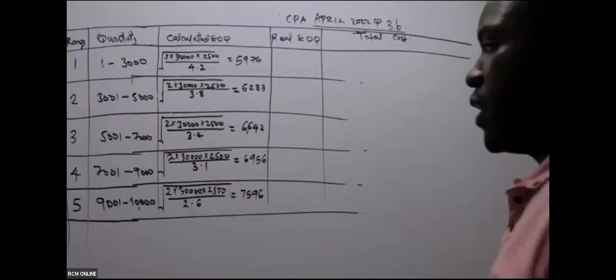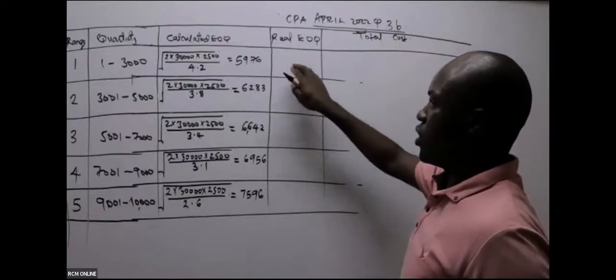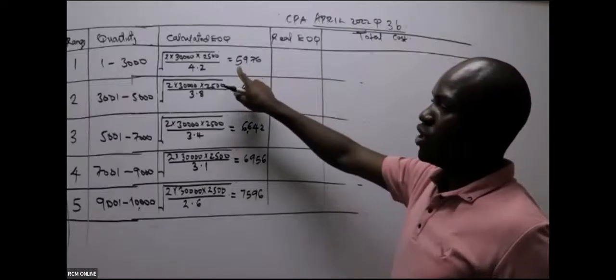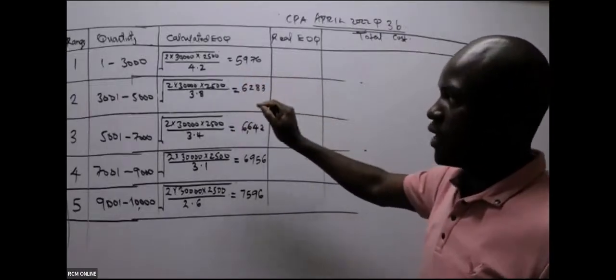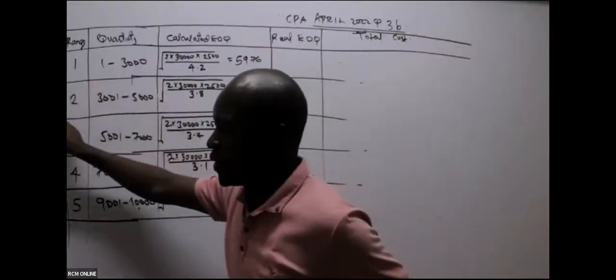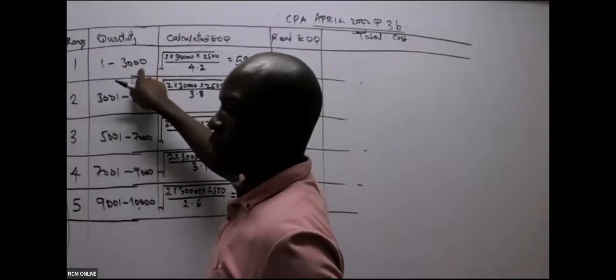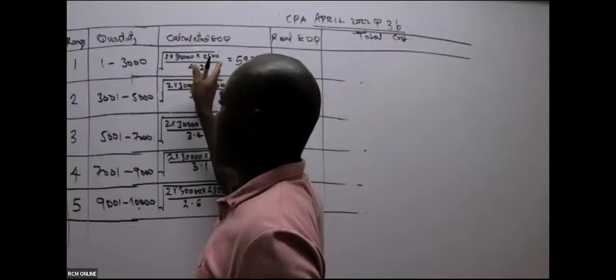Let's now proceed. Now, we are required to give the optimal quantity. For you to be able to enjoy this quantity discount, for the first range, you must purchase goods ranging between 1 and 3,000. Anything below, you will not be given a discount under this range.